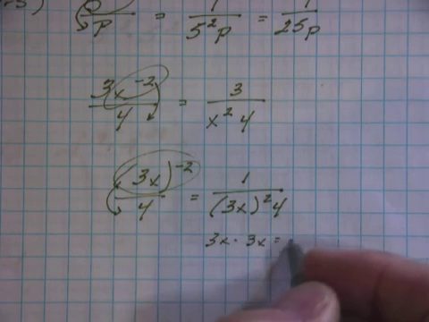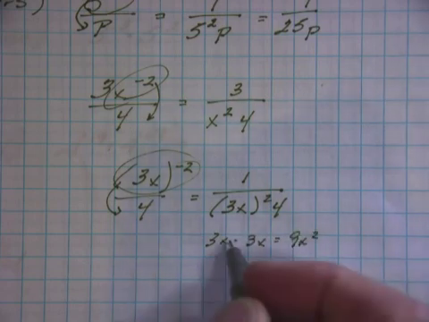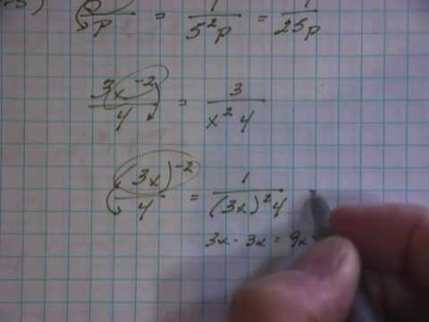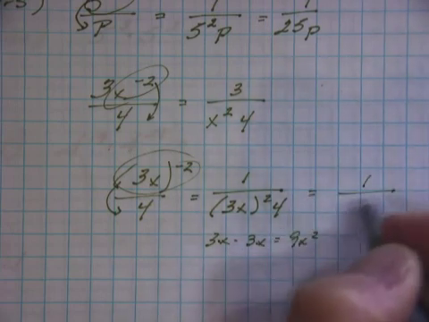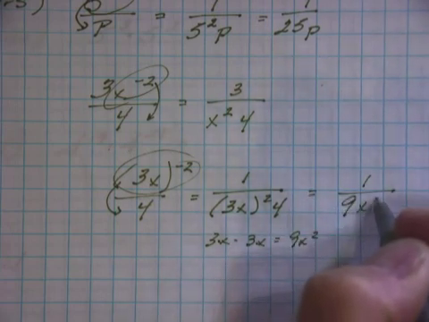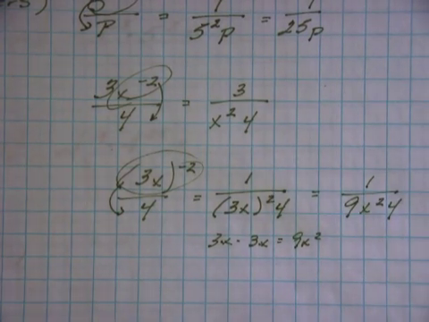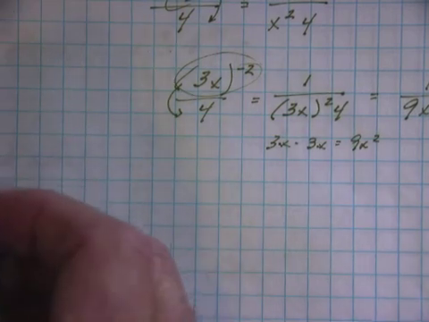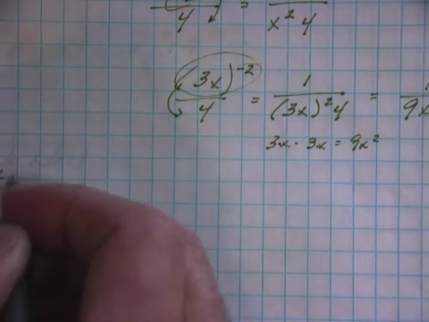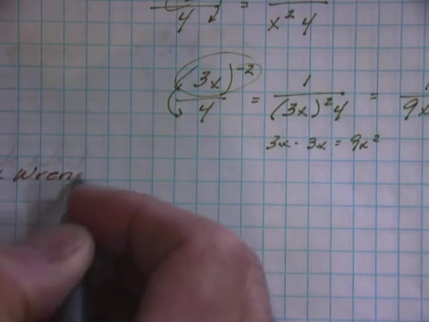Notice that's a positive 2 now. And you can simplify that. If you think of (3x) squared, that's 3x times 3x, which would be 9x squared, because everything's multiplication. So you could even simplify this as 1 over 9x squared y.